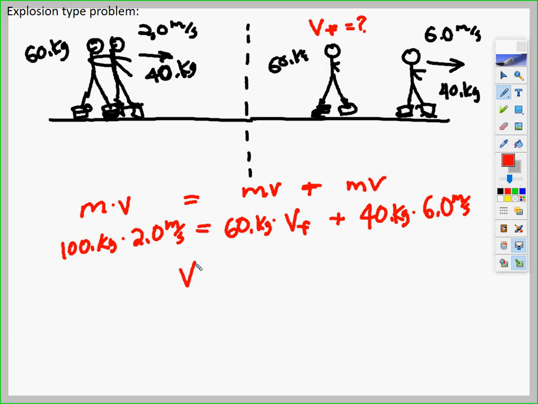Did anyone crunch that out and get that final velocity of the first person? Negative 0.67. So the person pushed so hard that they're going to end up going back in the opposite direction.